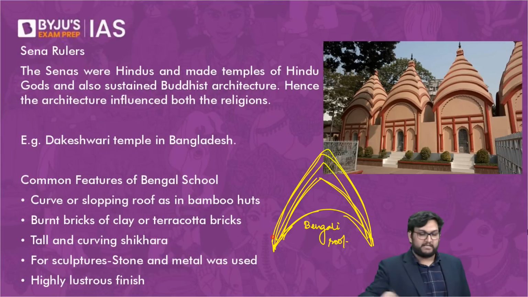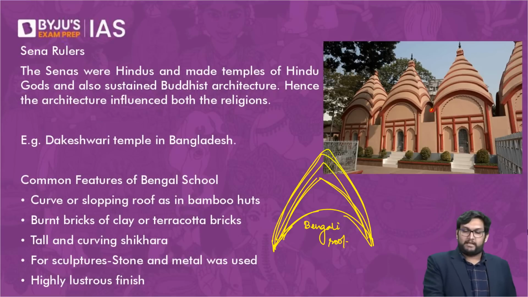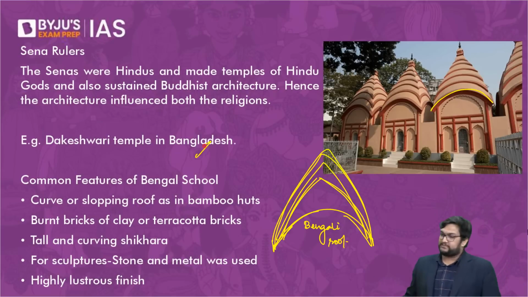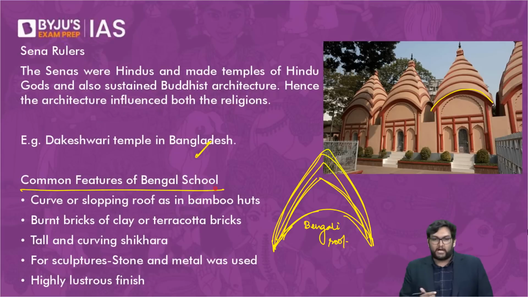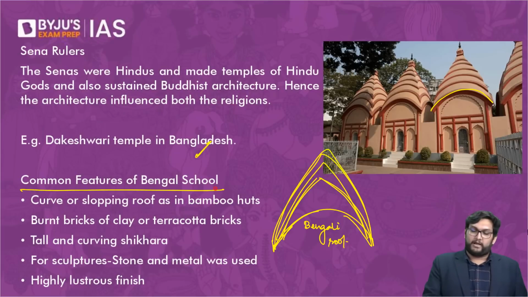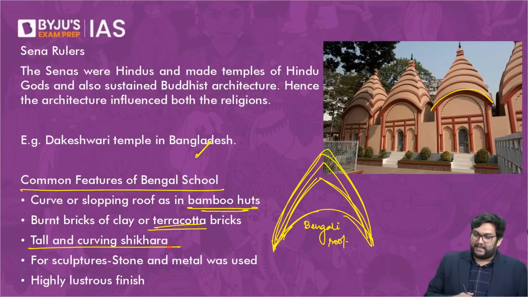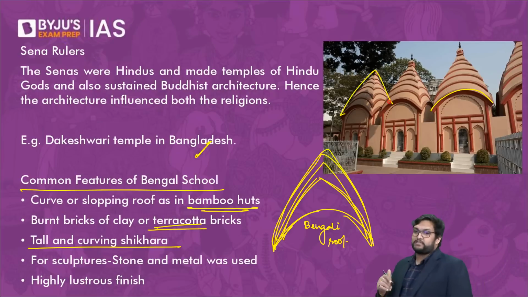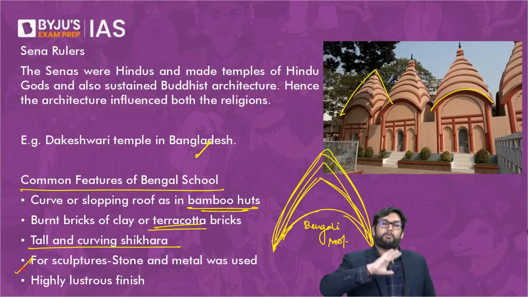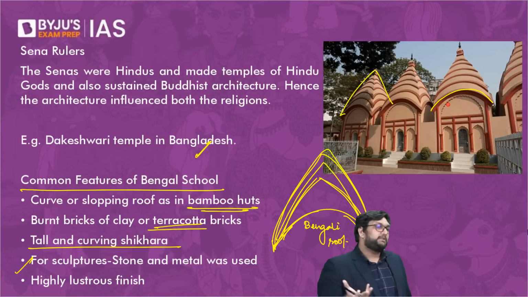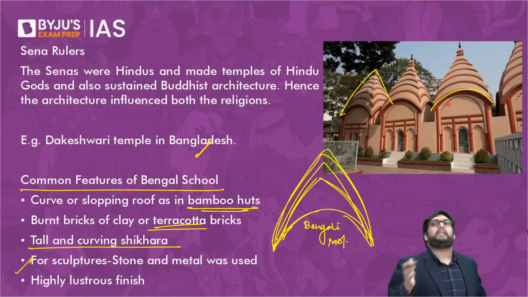We have seen this in Dakshineshwari temple in Bangladesh today, made by the Senas itself. A curved roof which looks like a bamboo hut with clay terracotta bricks, which is common to Buddhism, tall curvilinear shikhars, and a very lustrous finish. You can see a very pure, very bright finish is something which the Senas also add and take forward.